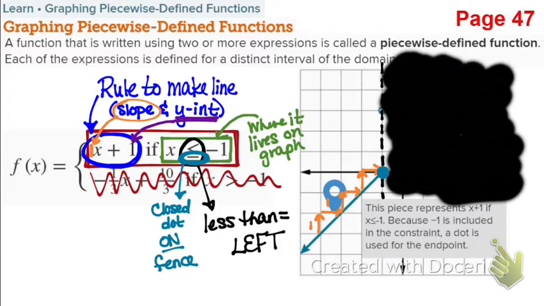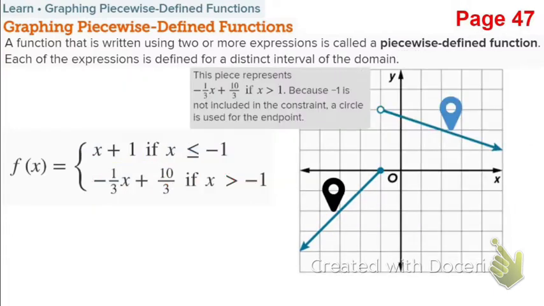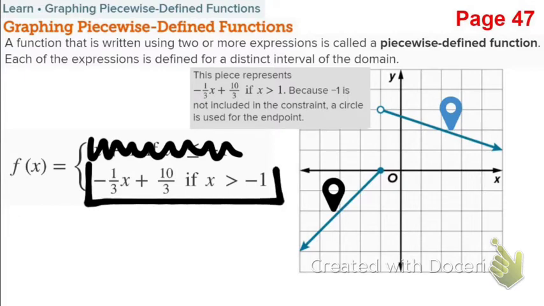We said this piecewise had how many pieces, how many lines after the curly bracket? 2 lines. We talked about the top one. I want to go look at the bottom one now. So now I'm going to ignore this top piece. Pretend I can't see it. And I'm only going to focus on this part.